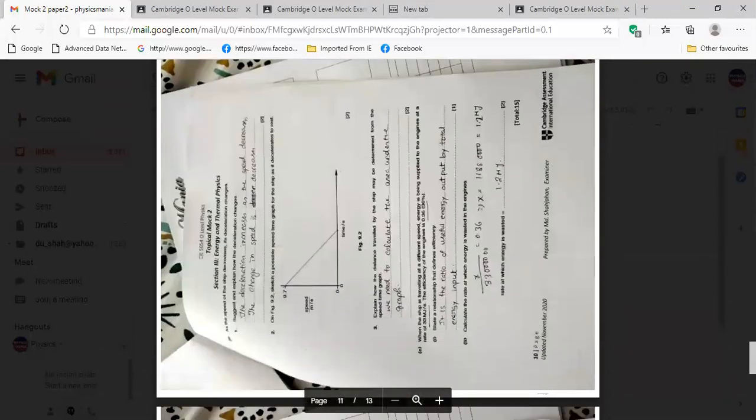Now we have, as the speed of the ship decreases, the deceleration decreases. Suggest and explain how the deceleration changes. The deceleration increases as the speed decreases. The change in speed decreases.